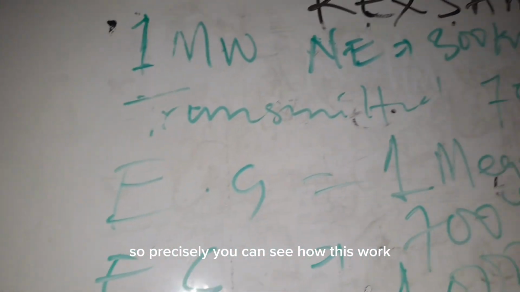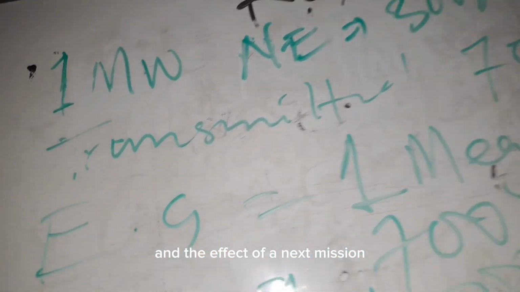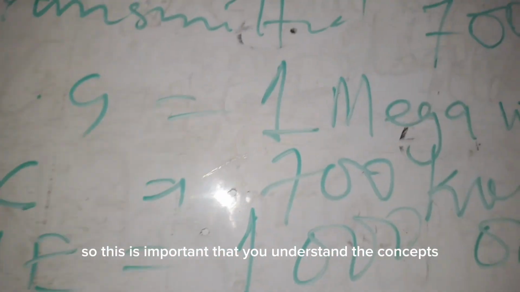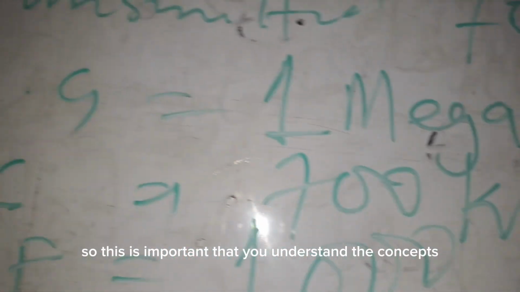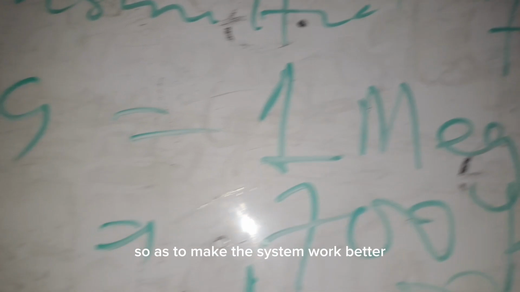So precisely, you can see how this works and the effect of net metering. This is important so that you understand the concepts so as to make the system work better.